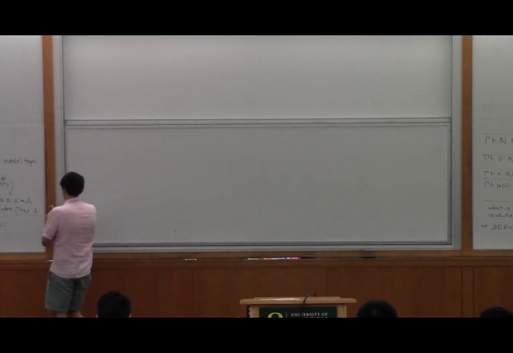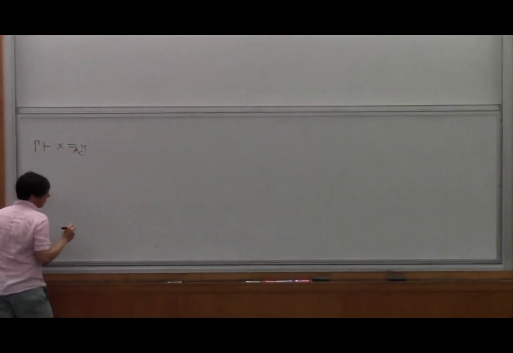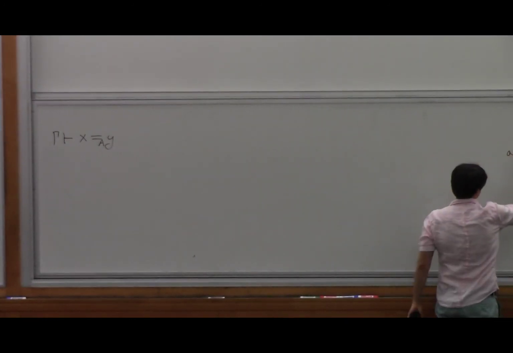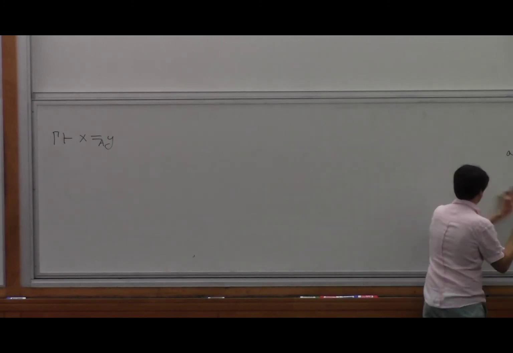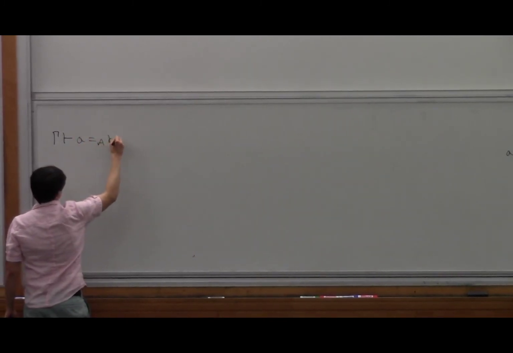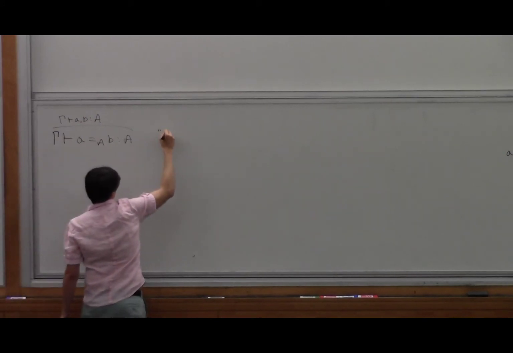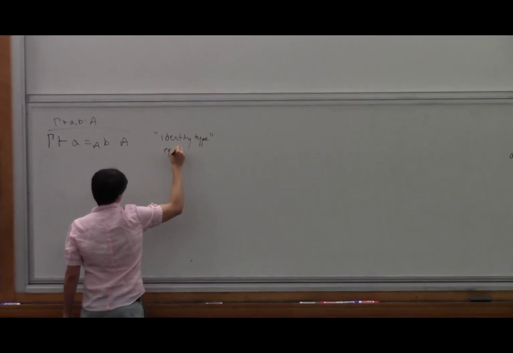So we didn't talk about what it means for x to be equal to y in A, in the sense not of the judgmental equality, but in the sense of the type that we used, A equals B in A, which is a type which is well formed when both A and B are elements of A. This is called the identity type, or sometimes the equality type.